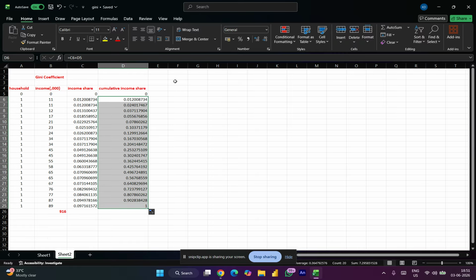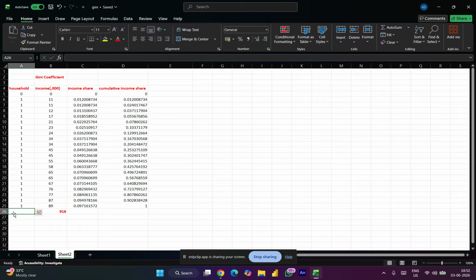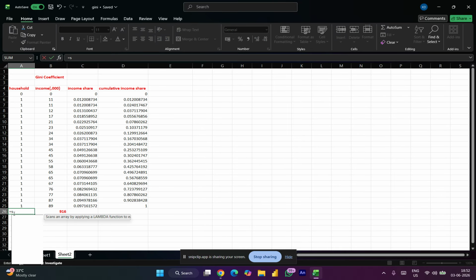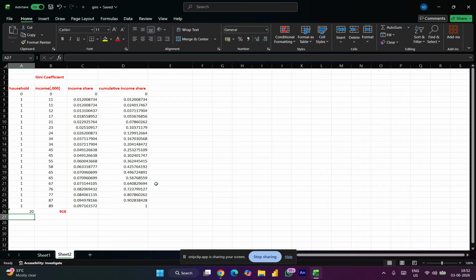Now we are going to calculate the cumulative population. We have surveyed a total of 20 households.